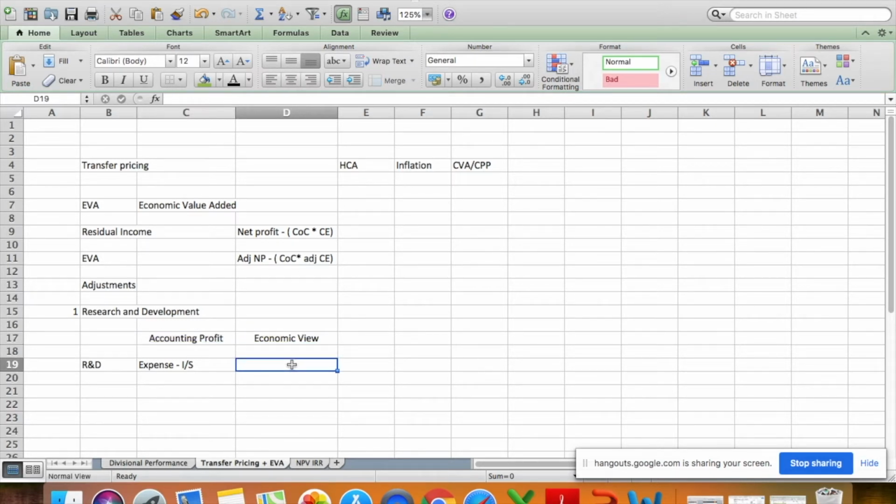Now looking at the economic view, economists say that research and development actually gives you a product that reaps future benefits to the organization. So it is not technically an expense. Research and development gives you future economic benefits, so we are not going to look at it as an expense.